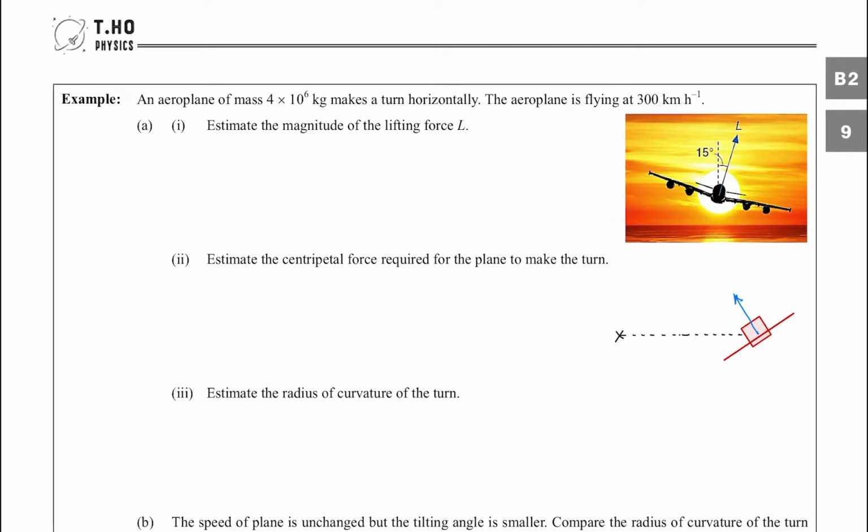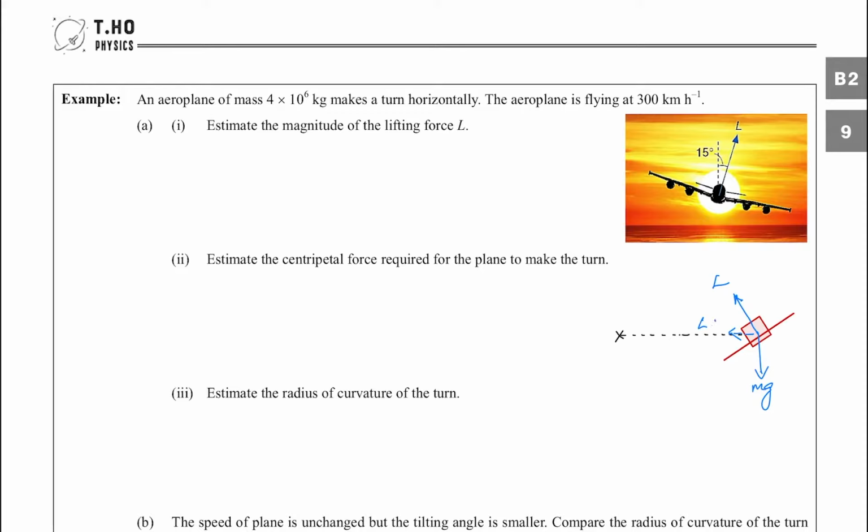On this aeroplane, we have a lifting force L, which is perpendicular to the wings. Besides this lifting force, the aeroplane is under the gravitational attraction, which is pointing downwards. Now we are going to resolve L into two components.